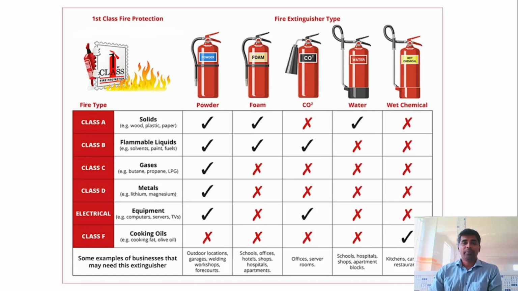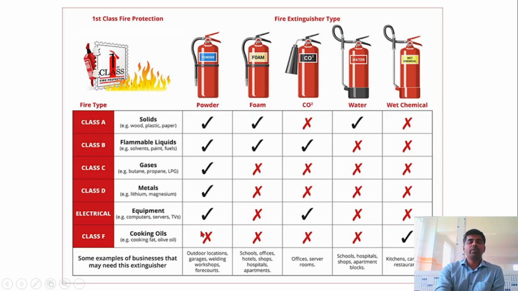There are five types. One is powder, another is foam, third is carbon dioxide, fourth is water, and the fifth is wet chemical. First, the powder extinguisher is most commonly used in all types of fires except for the case of cooking oil.